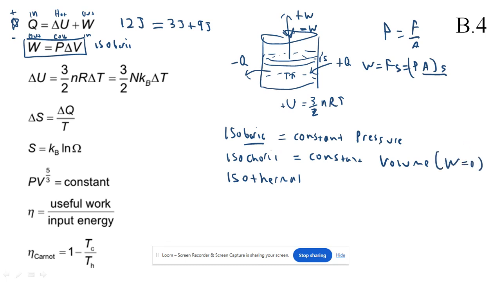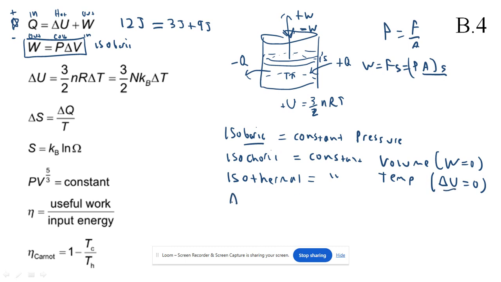The piston doesn't move, right? Okay. Isothermal is constant temperature, right? And so our change in U is 0 if the temperature doesn't change, right? The internal energy is 3 halves nRT. If T doesn't change, U doesn't change, okay? So if it's a constant temperature, there's no change in internal energy, right?